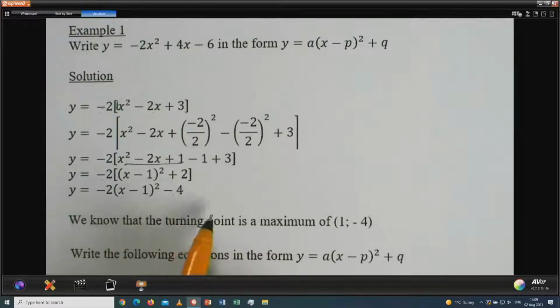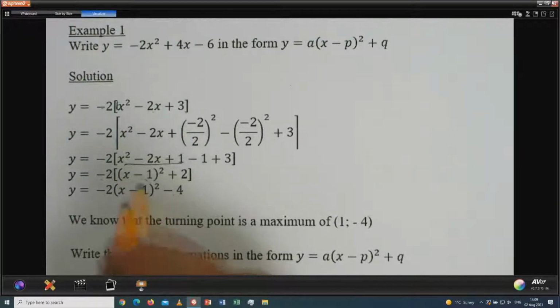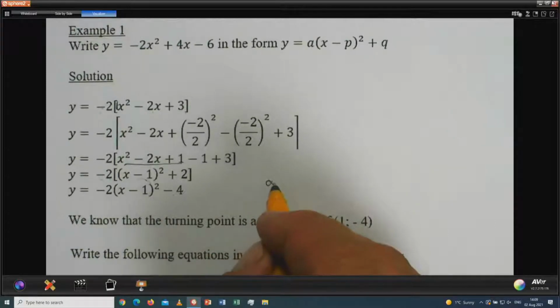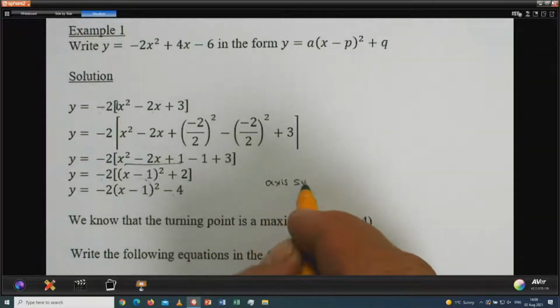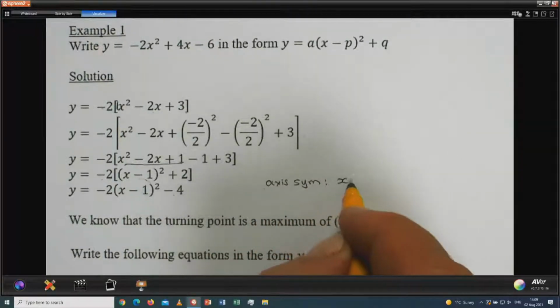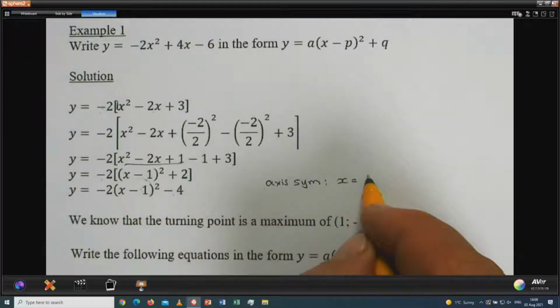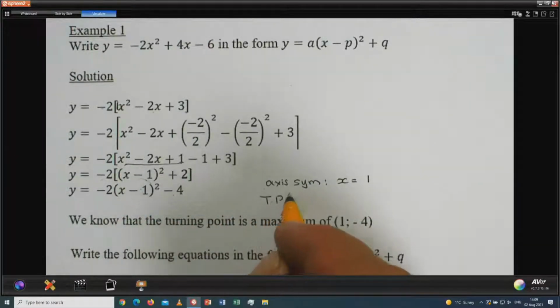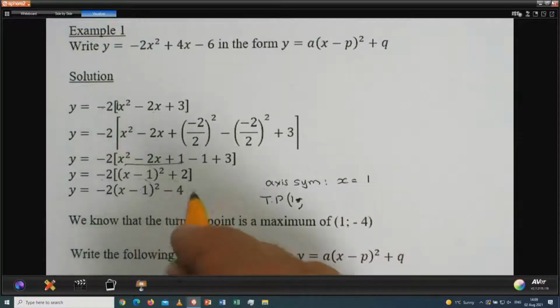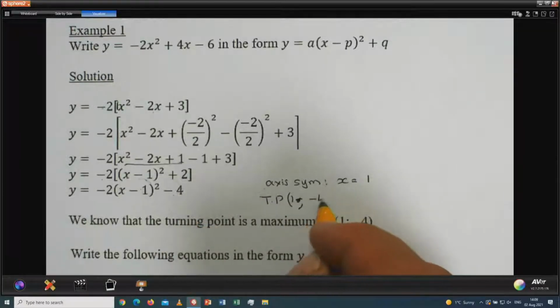So in this case, we can say the axis of symmetry is the opposite sign of this. So the axis of symmetry is x equal to positive 1, and the turning point's x-coordinate is the axis of symmetry, which is in this case 1, and the y-coordinate of the turning point is that value as is, negative 4.